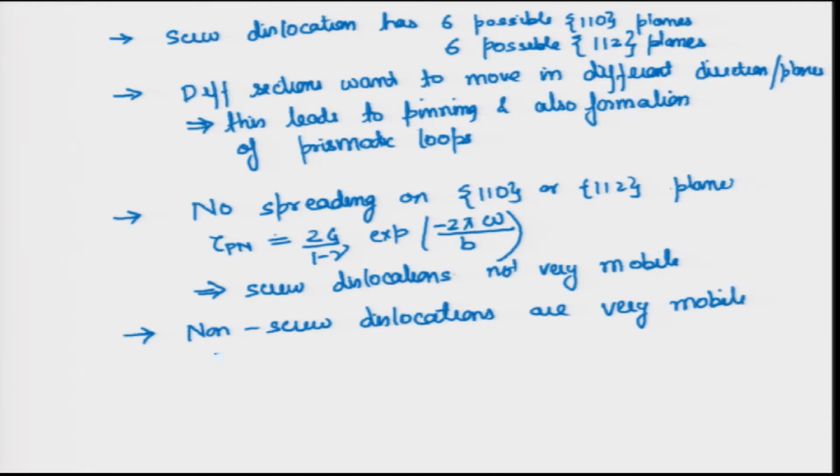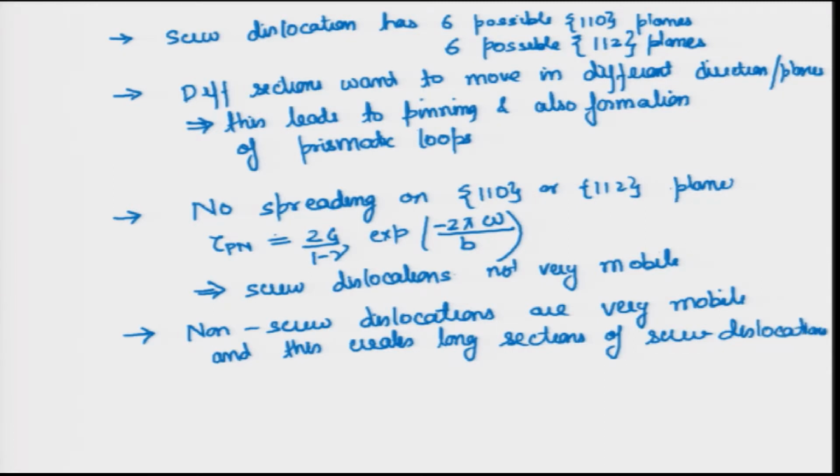And this creates long sections. Now, if you look at a BCC material, if you had to look at the dislocation structure, what you would see is that it is now fully dominated, even after a small amount of deformation, by screw dislocations, because the non-screw dislocations are very mobile, they can keep interacting, reacting, and in the process they are stretching the length of the screw dislocation.